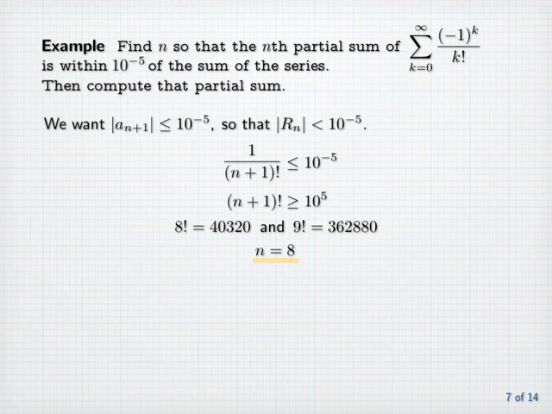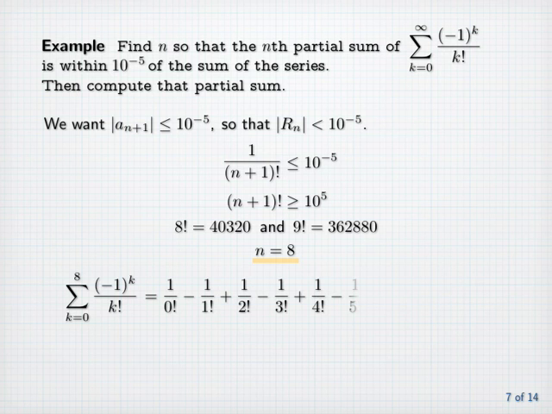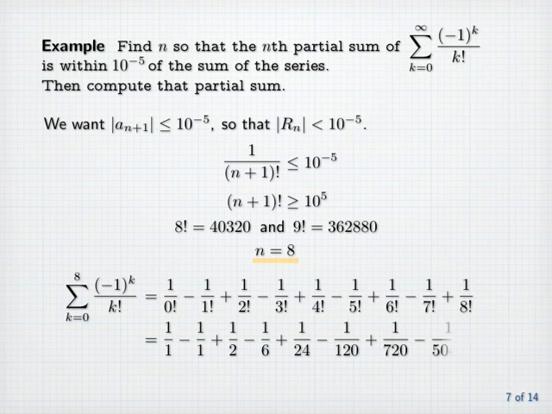Now let's compute the 8th partial sum. The sum from k equals 0 to 8 of minus 1 to the k over k factorial equals 1 over 0 factorial minus 1 over 1 factorial plus 1 over 2 factorial and so forth up to plus 1 over 8 factorial. That's equal to 1 over 1 minus 1 over 1 plus 1/2 minus 1/6 plus 1 over 24 and so on up to the last term 1 over 8 factorial, which is 1 over 40,320.